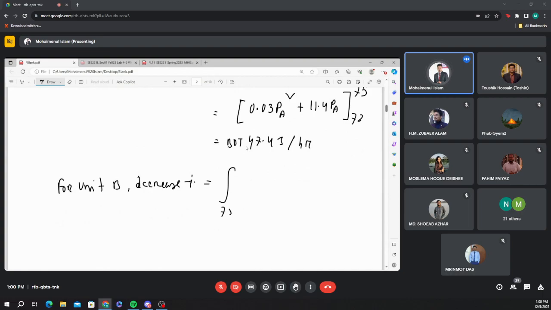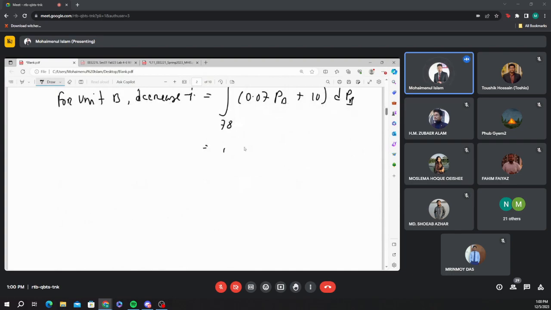Suppose it should be 78 to 75, so it reduces, so it will provide you a negative value. So PB plus 10 dPB. With respect to dPB, you can calculate it. So the value should be like half of 0.035, PB squared plus 10 PB, as it is constant. So 78 to 75.